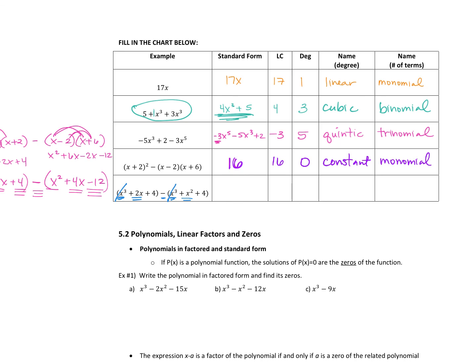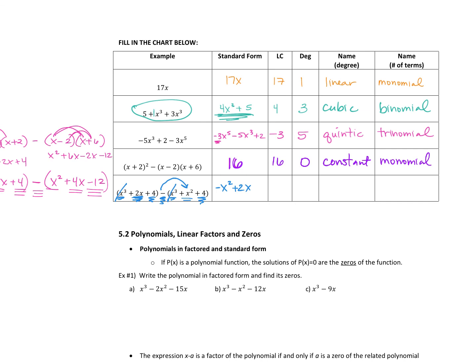Not x squared. Negative x squared, right? Because it's minus x squared. So a negative x squared. Then we have a positive 2x. And then it's 4 minus 4. So that's 0. So you just get negative x squared plus 2x.